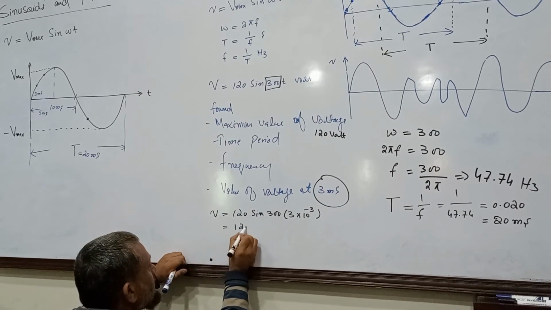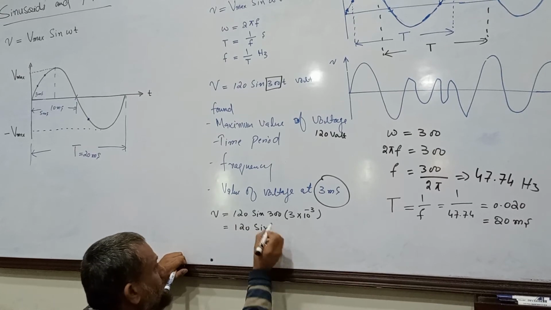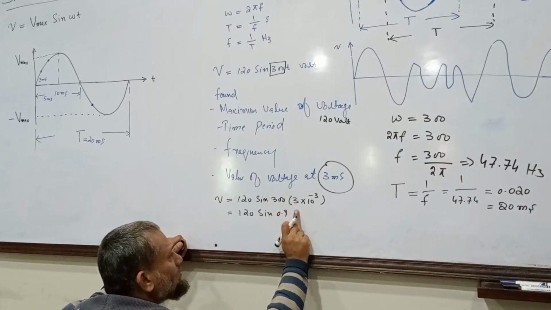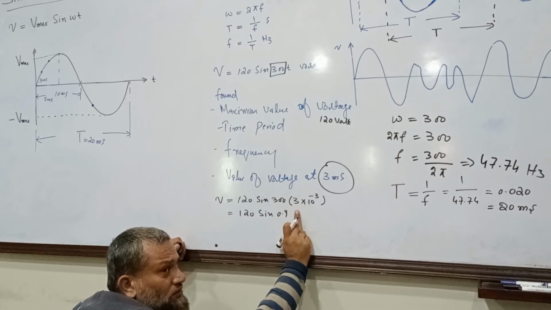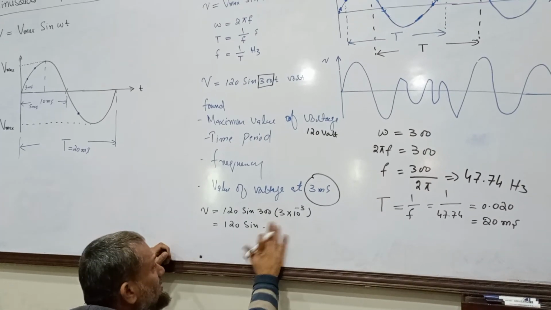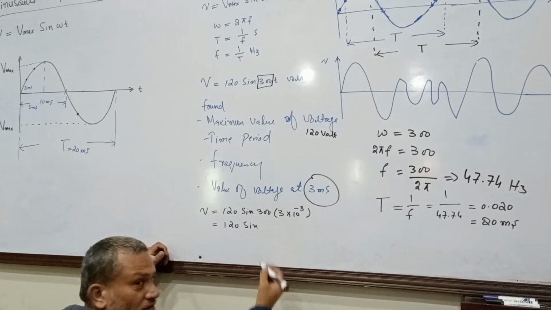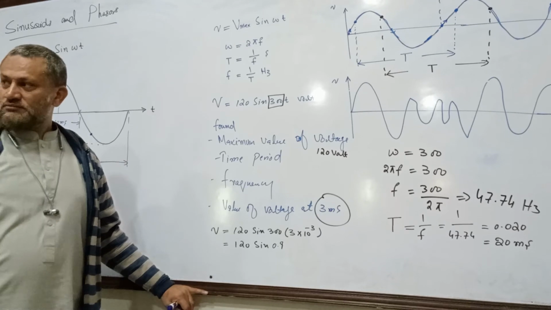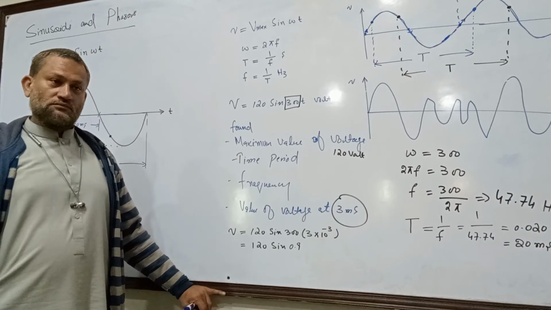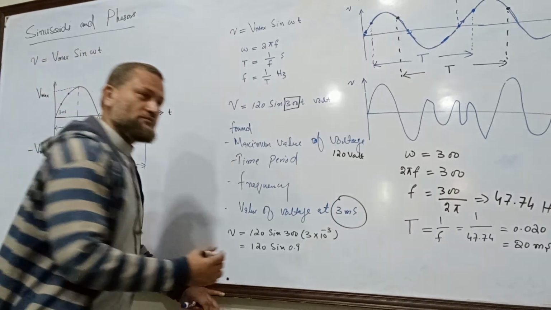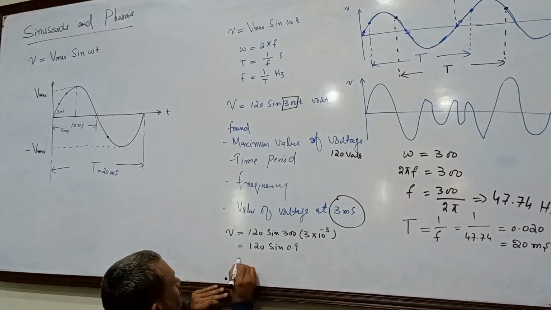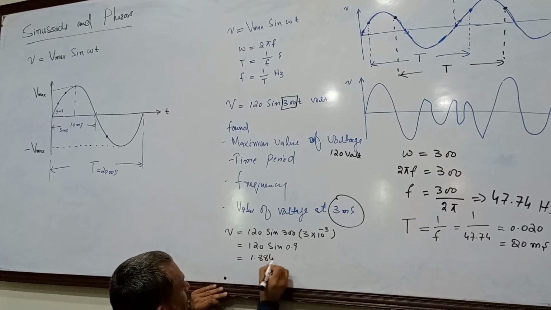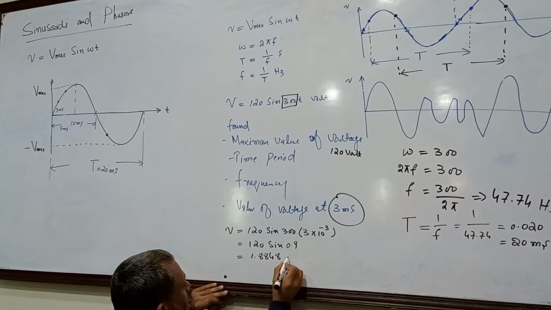So 120 sine of, how much is this one? 300 into 0.003 is 0.9. So 0.9.